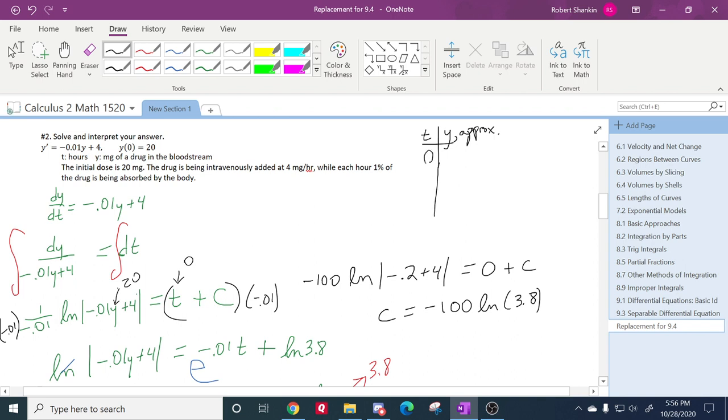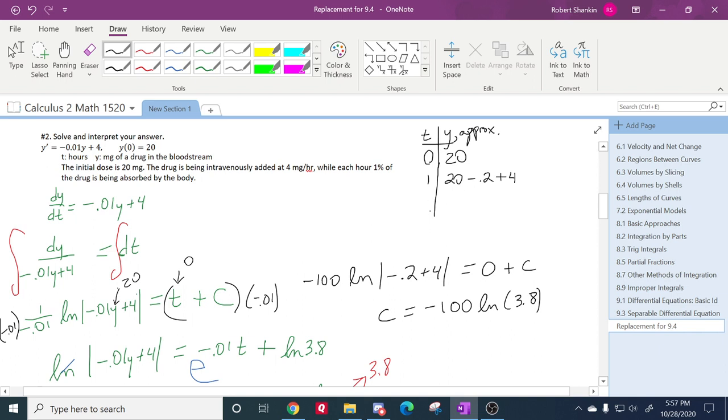When T is 0, you start with 20 milligrams. When T is 1, you had your 20 milligrams that you started with. You lose 1%. And you gain 4. See what's going on here? You're gaining a lot more than you're losing. Alright, and so you're going to be close to 24 after the first hour.